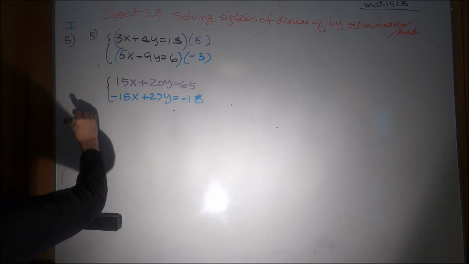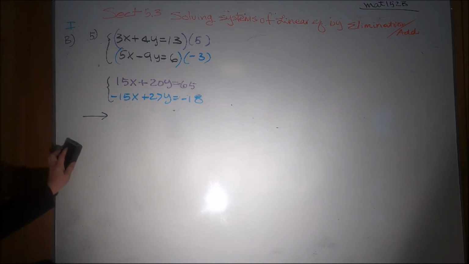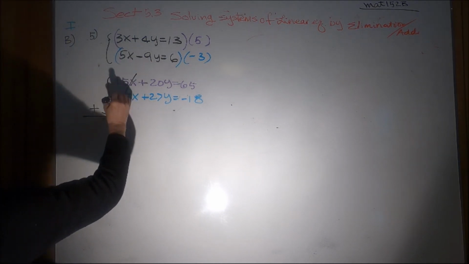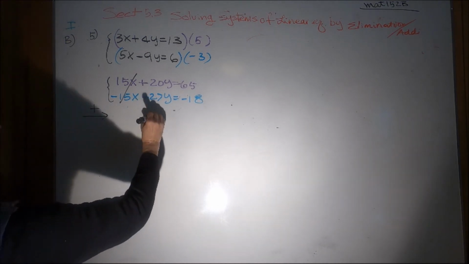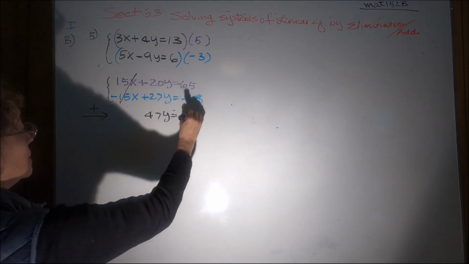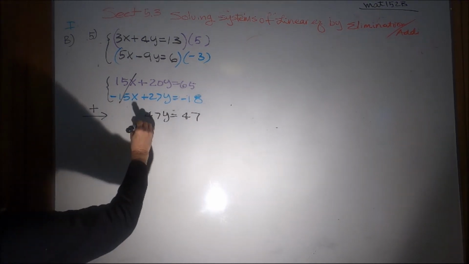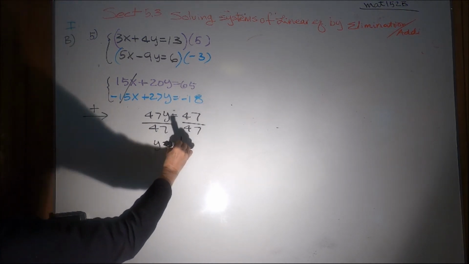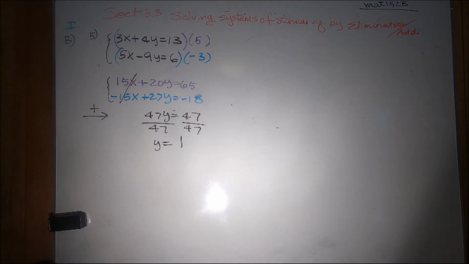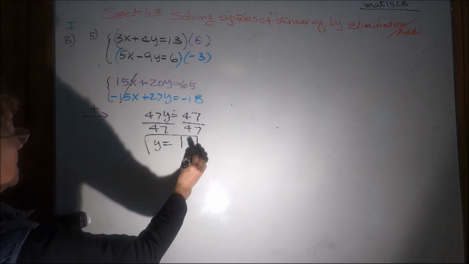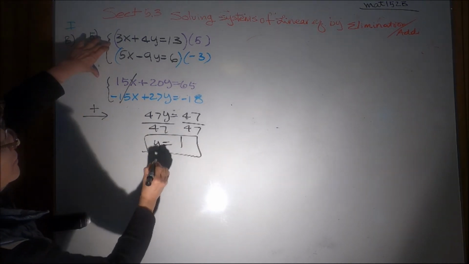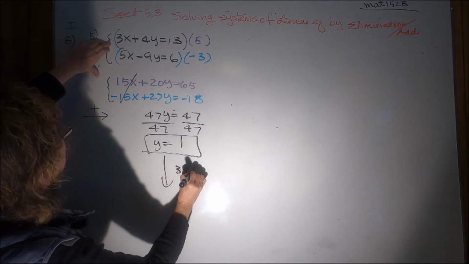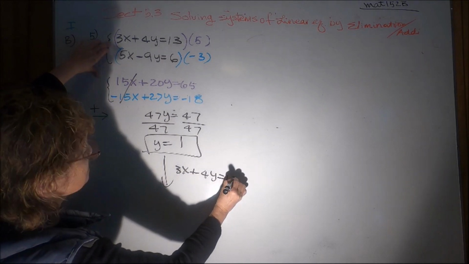Then what do we do? We decided which variable we wanted to eliminate by addition. What do we have? 47y equals what? 47. Then divided by that, y is what? 1. Right? Then you plug in whichever. If we plug in the first one, 3x plus 4y equals 13.